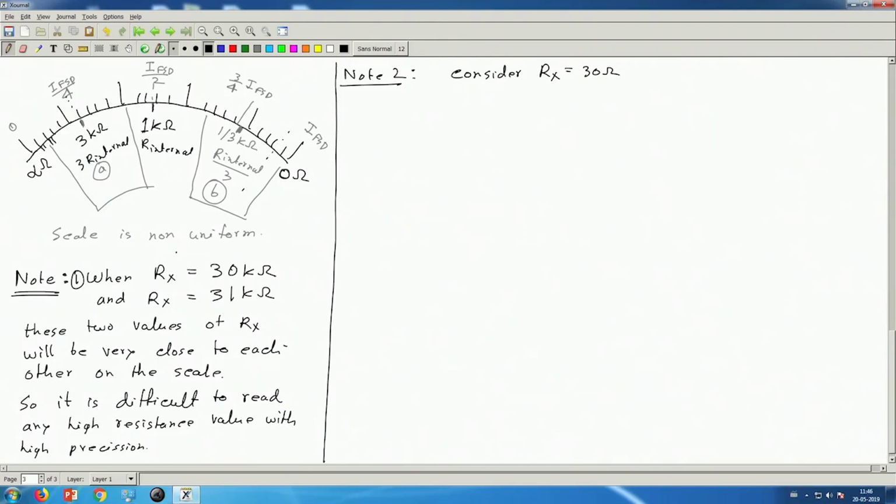Okay. So here also, now if I make a small error in reading the pointer position, say I make an error due to parallax error of, say, maybe 1 degree, and this 1 degree will correspond to a high relative error.